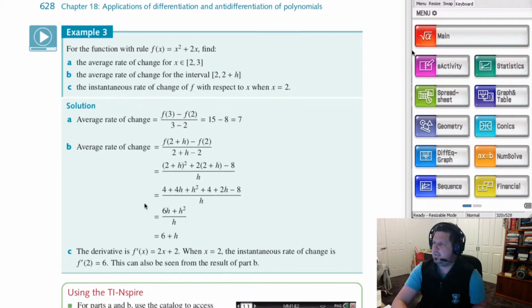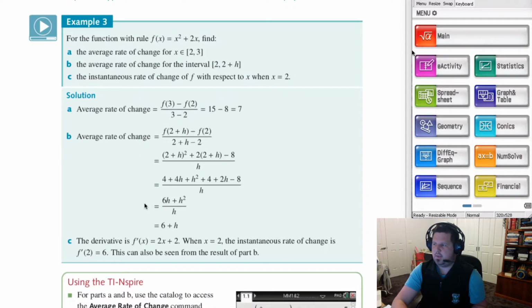Alrighty, here is a first example that we're going to be looking at. For the function with the rule f of x equals x squared plus 2x, first of all it's asking us to find the average rate of change between 2 and 3. So again, we write out the rule for average rate of change. First of all, we're going to find the value f of 3.